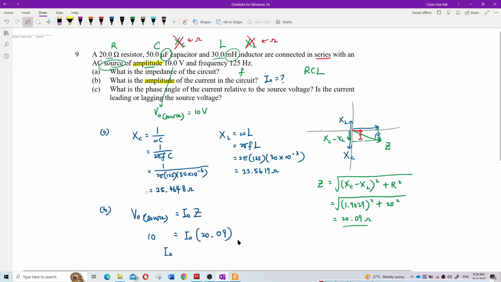So what is I naught? 10 divided by 20.09 is 0.4649.